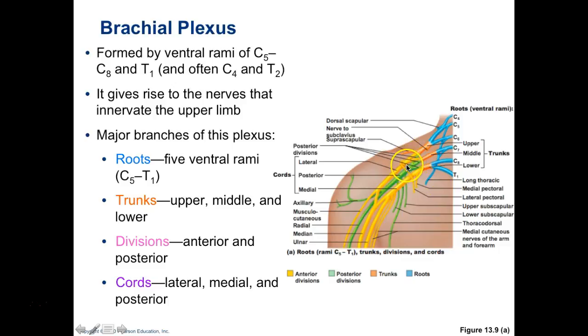Anyway, from there, we are going to finally get our cords, and I want you to know your cords for your exam, and that's going to be made up of a lateral, medial, and posterior. So here's lateral, here's posterior, and here's medial. Basically how you would describe their orientation to the body, because here's our midline, this would be medial, and this does sit more posteriorly.